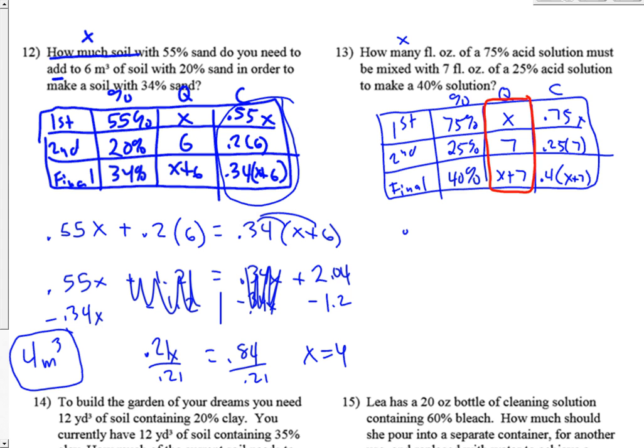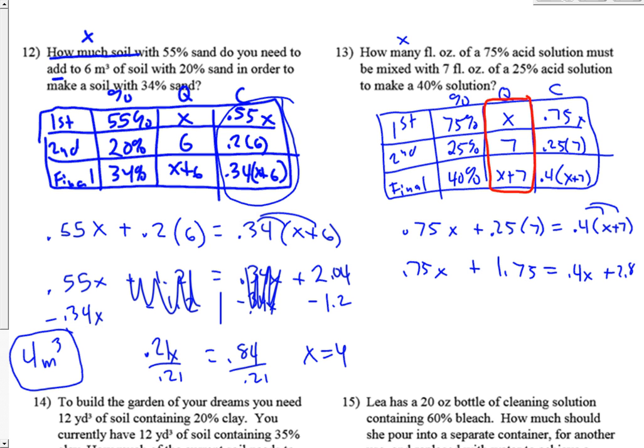So we set this up, we get 0.75x plus the 0.25 times 7 is equal to 0.4 times x plus 7. So we get 0.75x plus 0.25 times 7 is 1.75. Distribute the 0.4, we get 0.4x plus 2.8.